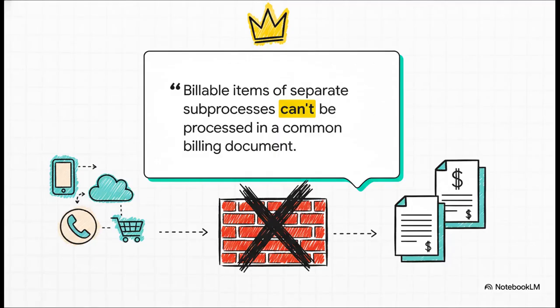And this leads us to probably the single most important rule in all of convergent invoicing. This is a direct quote from the source material, so listen up. Billable items belonging to separate subprocesses can't be processed together in a common billing document. That's it. That's the golden rule. Think of it as a hard wall of separation between them.